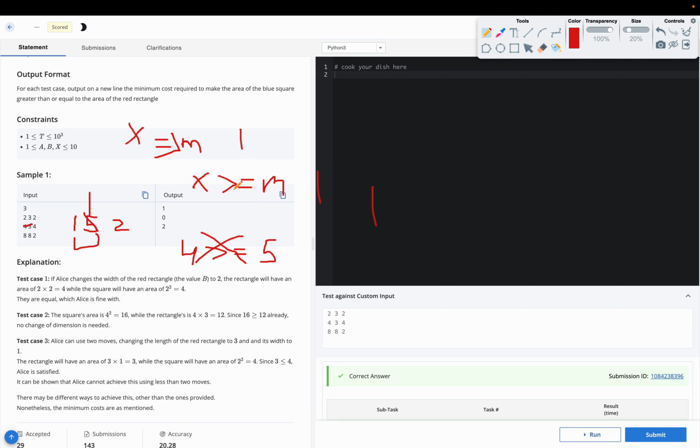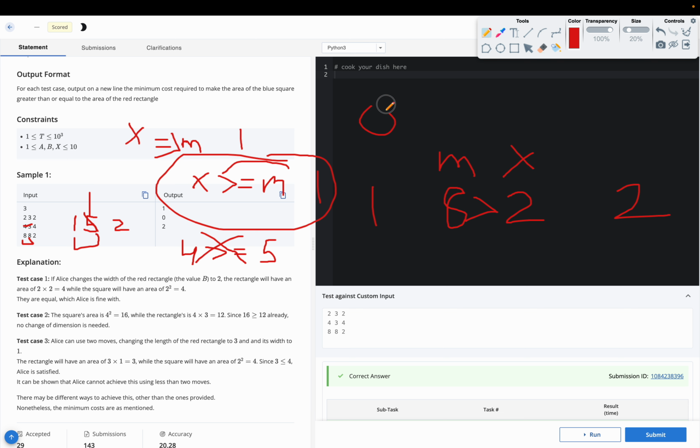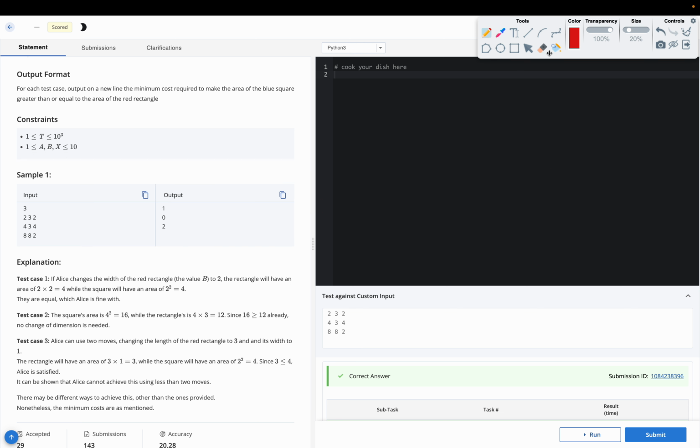If this condition is not true, which is here, the minimum is 8, my x is 2, and x is less than the minimum, so this condition is not true, and our answer is 2 in this case. So if this is the condition, output is 1. If it already satisfies the condition which we want, x square greater than or equal to a into b, the answer is 0, otherwise it is 2. So hence this is the answer to this question.